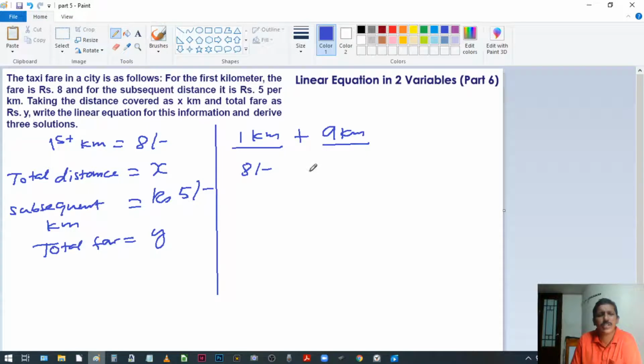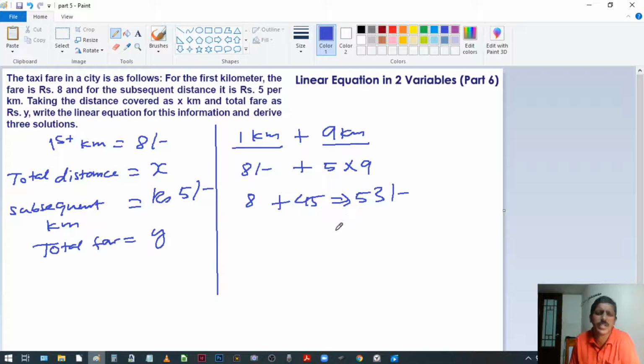Each kilometer is 5 rupees, so 9 kilometers. 8 plus 45, so the answer is 53. This is the amount we have to pay to the taxi driver.